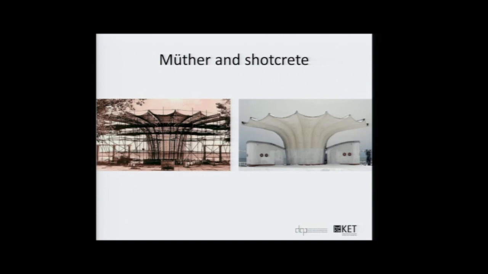Another example is shotcrete from Ulrich Müther. He's an East German architect, and he invented in the 1960s the Torkret system, a system of spraying concrete on a steel matrix, seen on the left side. Most of his buildings, like this music pavilion, are doubly curved shell structures. This is a good start.